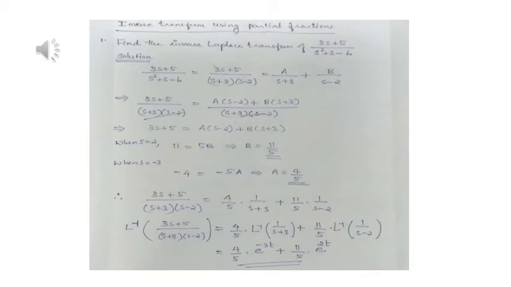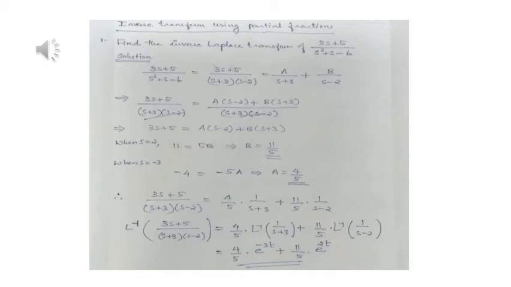Okay, now applying the inverse Laplace transform, L inverse of 3s plus 5 by s plus 3 into s minus 2 is equal to 4 by 5 into L inverse of 1 by s plus 3 plus 11 by 5 into L inverse of 1 by s minus 2.